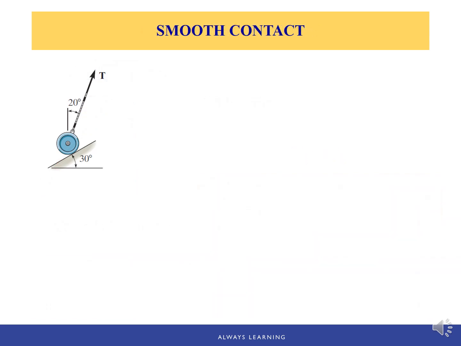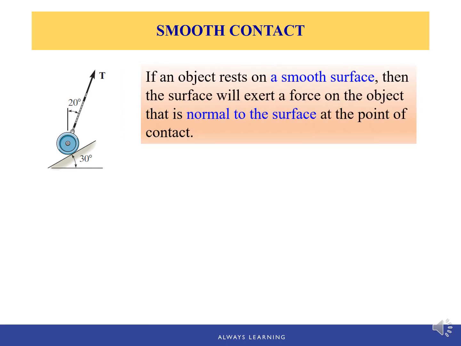The third type of contact or support is called smooth contact. Let's take a look at this cylinder, which rests on a smooth surface. It's an inclined surface with a 30-degree angle with the horizontal ground. If an object rests on a smooth surface, then the surface will exert a force on the object, and this force is normal to the surface at the point of contact.